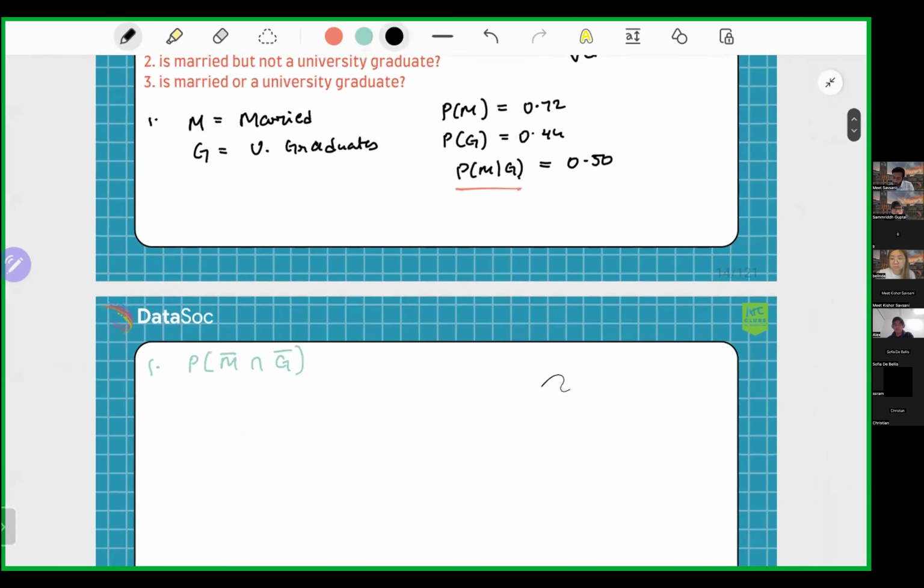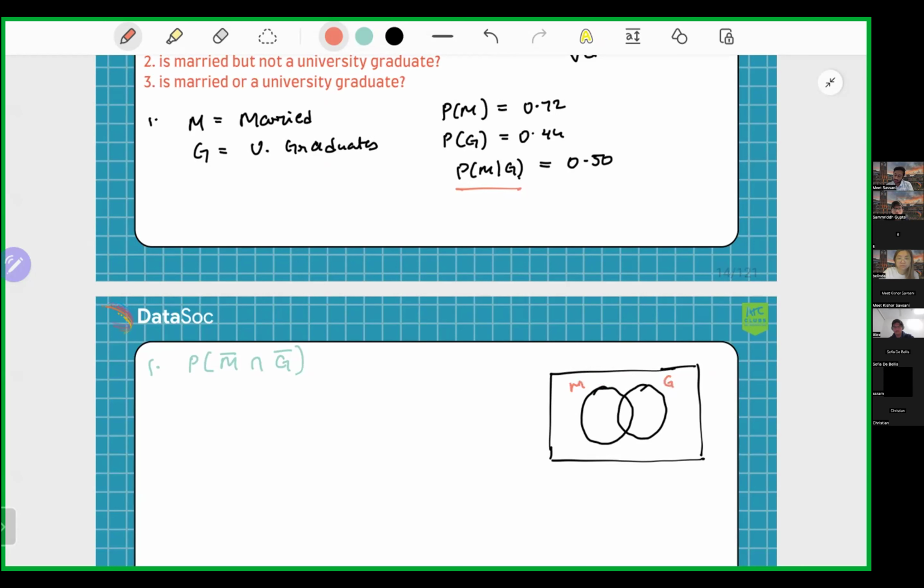So this particular set operation can be given as, this is my Venn diagram. I have M, I have G. M complement intersection G complement. So what is this? It's all the space which is given here.